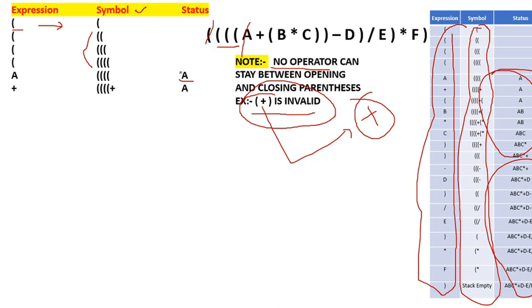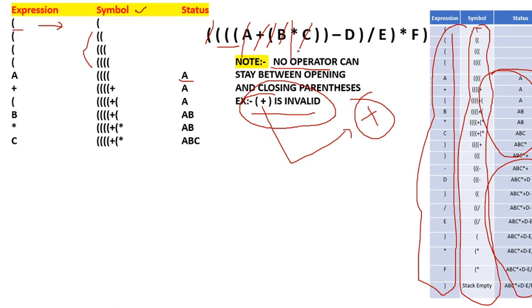Then plus is an operator, it will go on symbol. Then the opening parenthesis goes on the symbol column. Then b will go on the status column, then multiplication will go on the symbol column, then c will go on the status column.